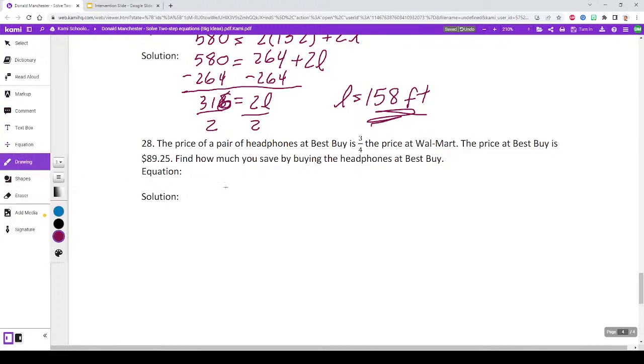What they want you to do, what it would be is it'd be $89.25 is going to be equal to 3/4 the price times 3/4 of the Walmart price plus.